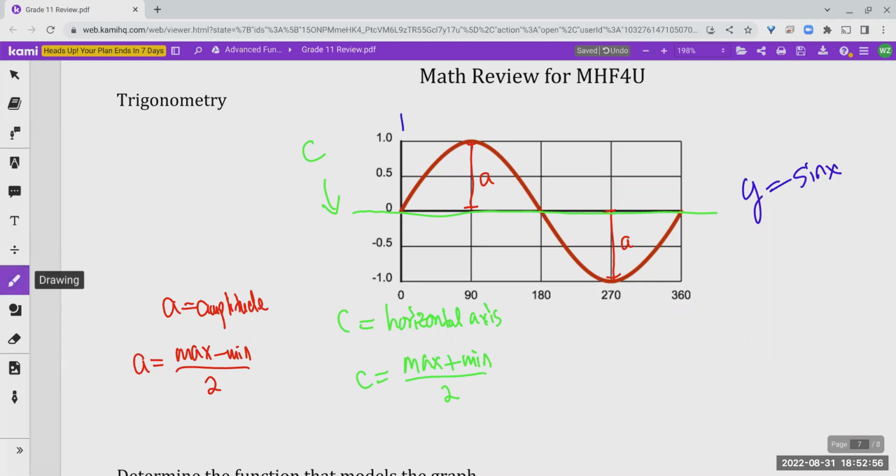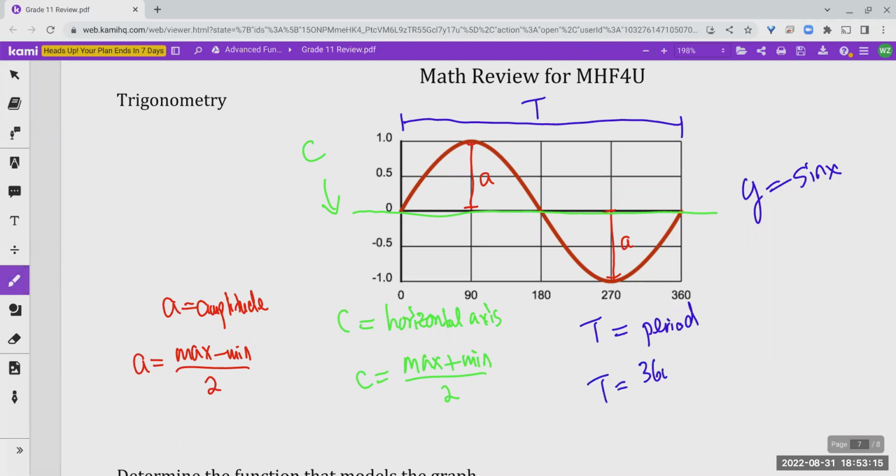The period is basically how long it takes for one repetition. We call it T, because in physics period is capital T for some reason. So T is the period. How do you find T? Well, that one is 360 degrees divided by the value of k. I'll explain what k is a bit later.